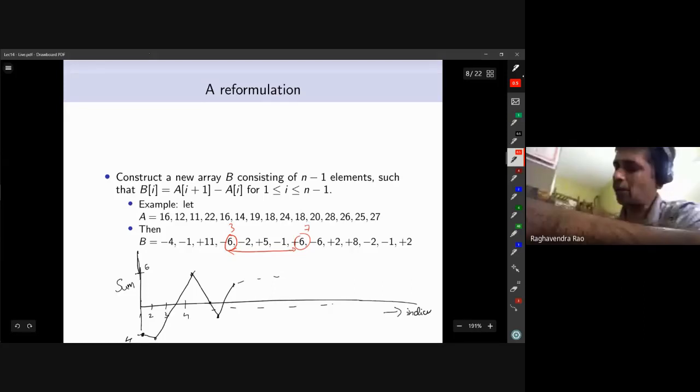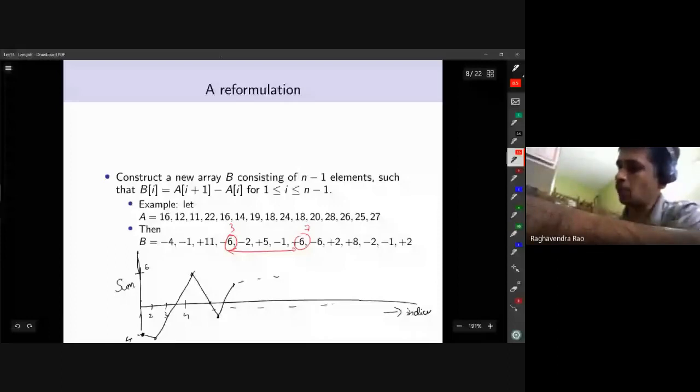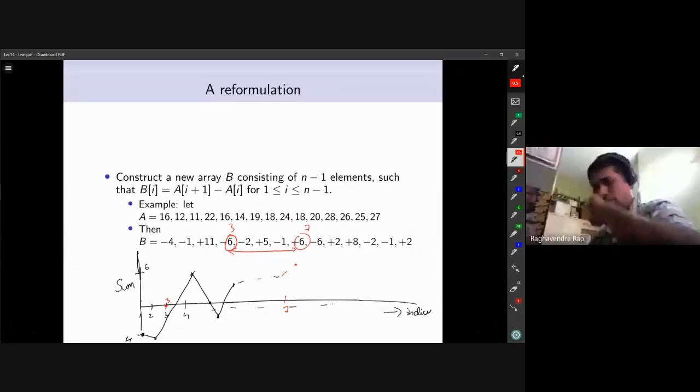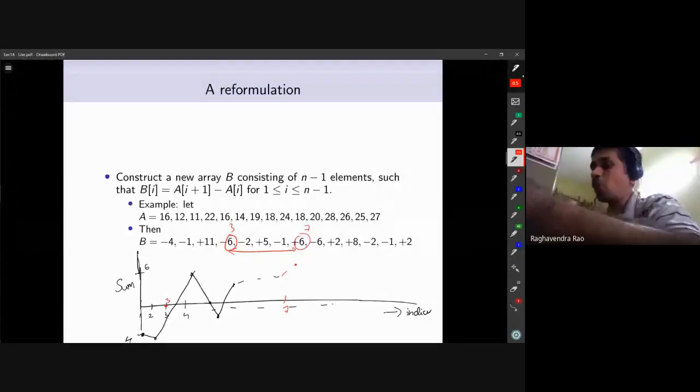But now how do I get the sum from the plot? I just subtract the value up to index position 3 from the value up to index position 7. You look at position 7, what was the value? And then look at 3, what was the value? You subtract the two values. That gives you the summation. So the graphical representation basically allows you to get the summation, one thing. But what else does it represent?